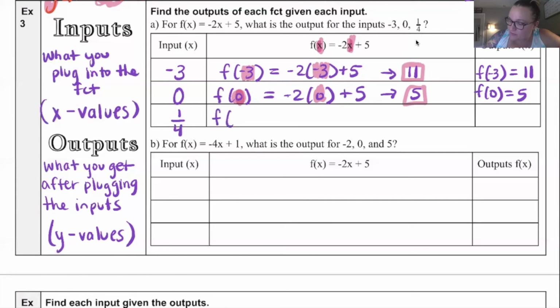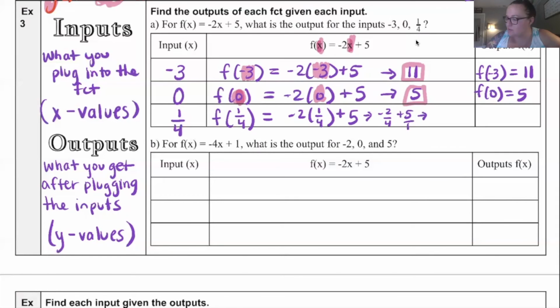So f of 1/4 is equal to -2 times 1/4 plus 5. We've got a little more to simplify here. -2 times 1/4 would be -2/4 plus 5. I need to get that 5 with the same denominator as the first fraction, which is 4.